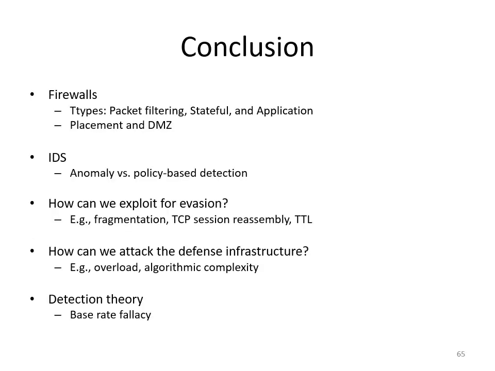So that brings us to the end of our networking section. In conclusion, we talked about firewalls that were stateless packet filters or stateful filters that could reassemble protocol information, or application level firewalls and proxies. We talked about where you put them, the idea of a demilitarized zone that separates the inside of your network and your outward-facing servers from the rest of the internet as a whole. We talked about anomaly-based detection versus policy-based detection, that policy can be very accurate, but it misses things you don't know about.